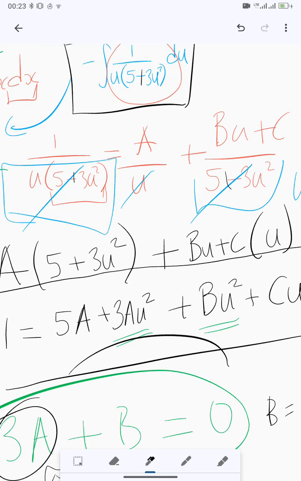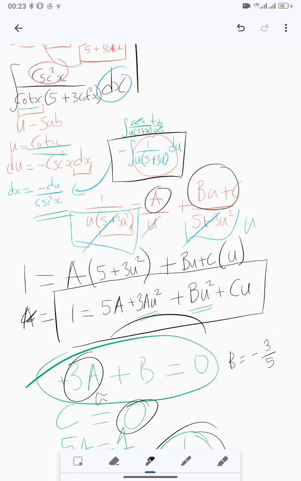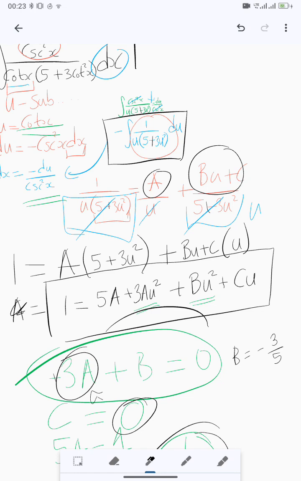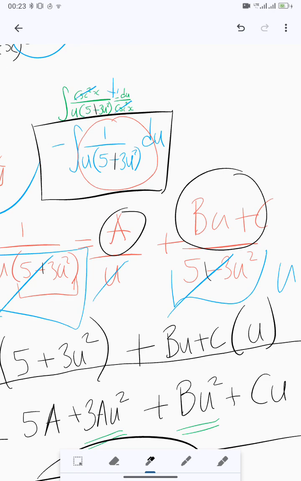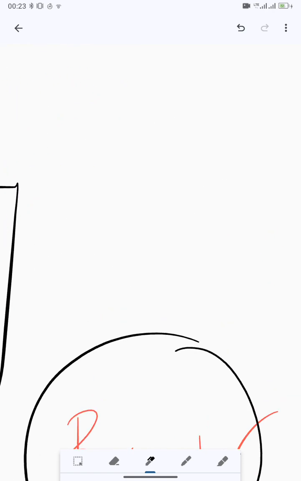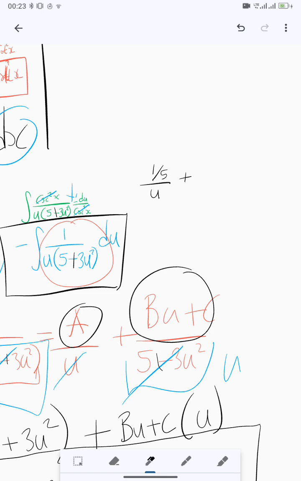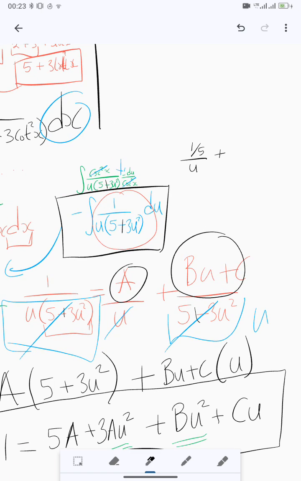Now I have to replace my constants with these values. If a is equal to 1 over 5, I have something like 1 over 5 over u, plus b. What's our b? Our b is negative 3 over 5, remember.